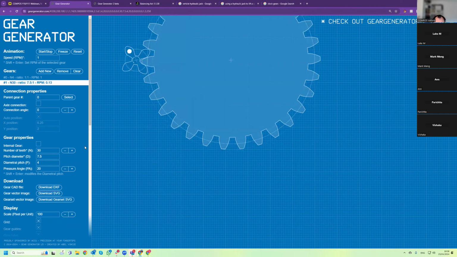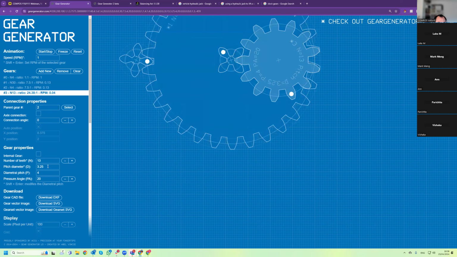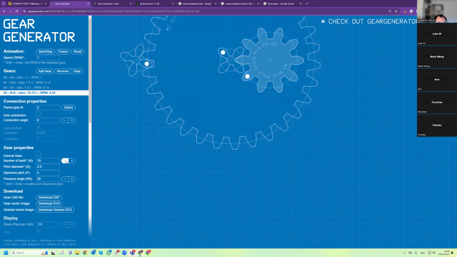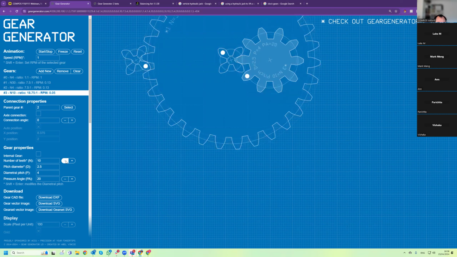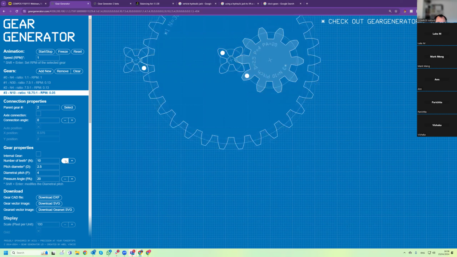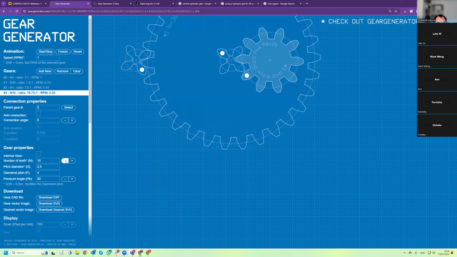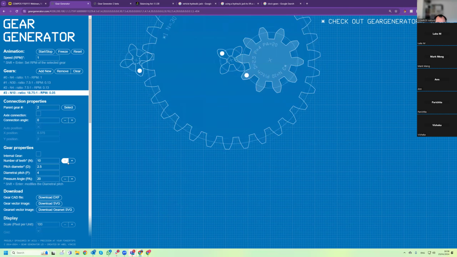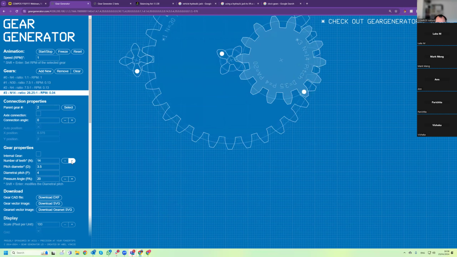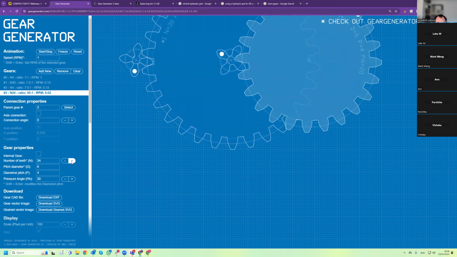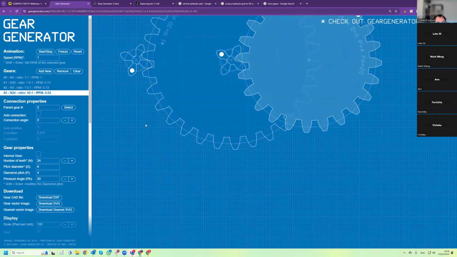And let's make an axle connection. And reduce the number of teeth to 4. And then add another gear with, so we had 30, so that's 15 times 2, 8. Let's make 24. All right.